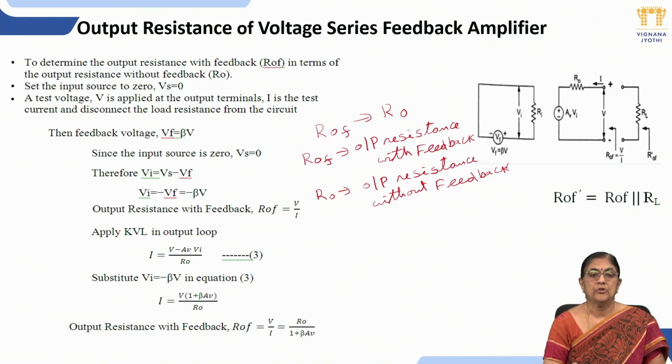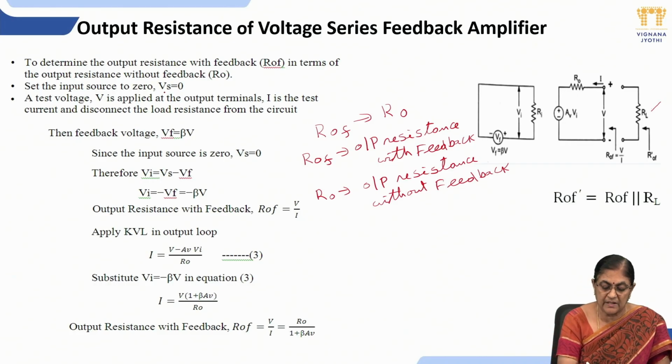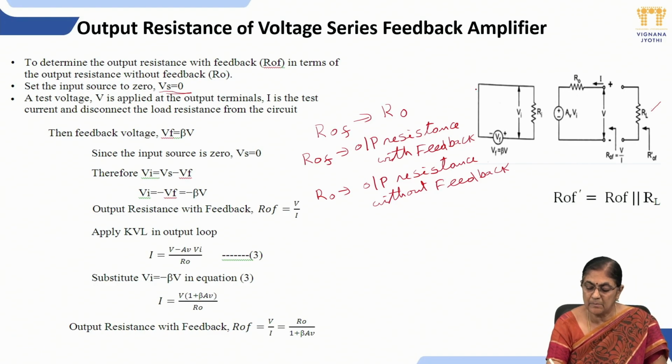So you can find out output resistance similar to Thevenin resistance. How can you find out Thevenin resistance? Disconnect the load resistance from the circuit and set the input source to 0. What is the input source in voltage series feedback amplifier? Vs. What is the meaning of Vs is 0? Voltage source can be replaced with short circuit. If Vs is 0, that means source terminals can be replaced with a short circuit.